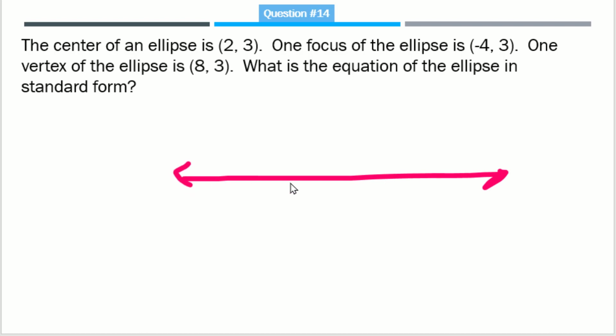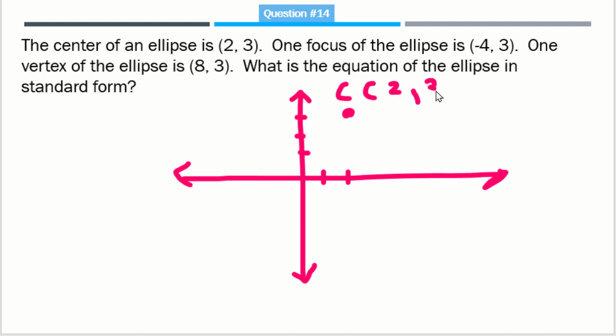All right, the center is at 2, 3. And one of the foci is at -4, 3.